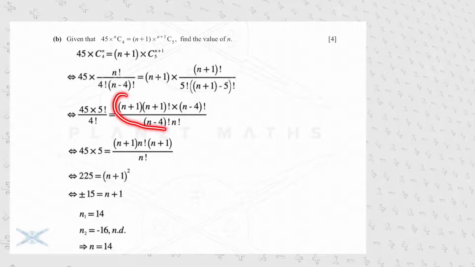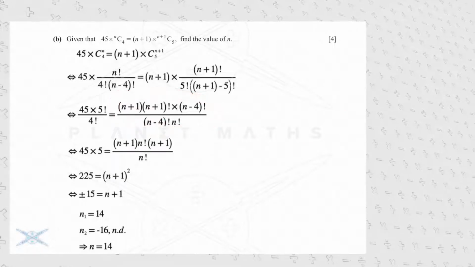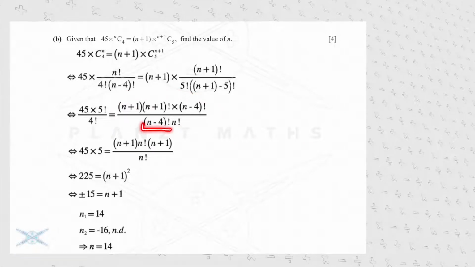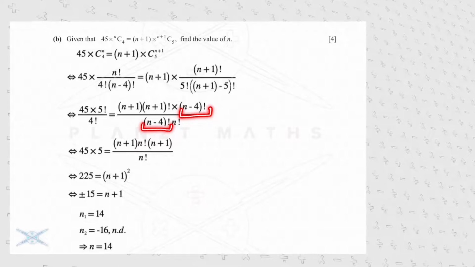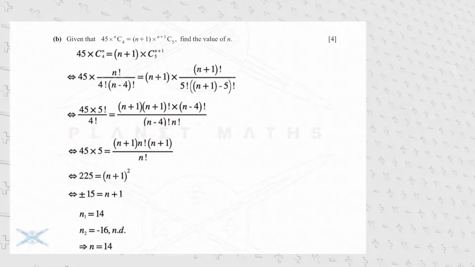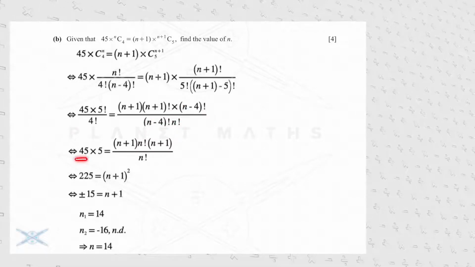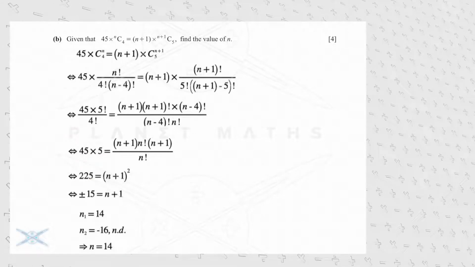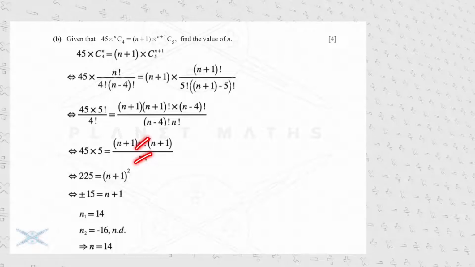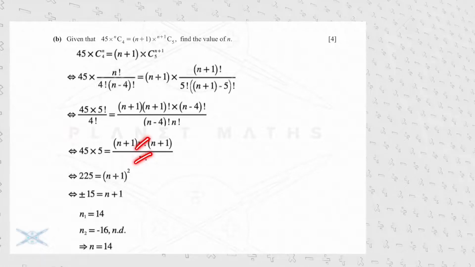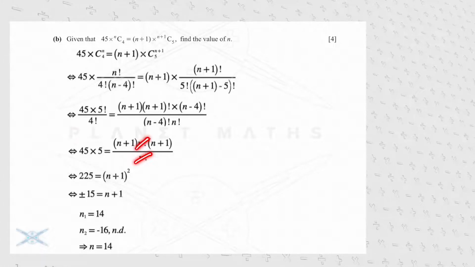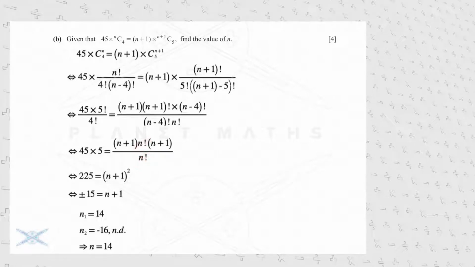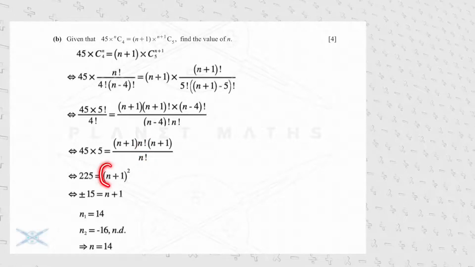On the right hand side of the equation, we just simplify the expression of n plus 1 factorial in the numerator and the denominator. In the next step, we simply multiply 45 by 5, and on the right hand side of the equation we can eliminate the term n factorial and pull the expression of n plus 1 multiplied by n plus 2 together in the form of n plus 1 squared.